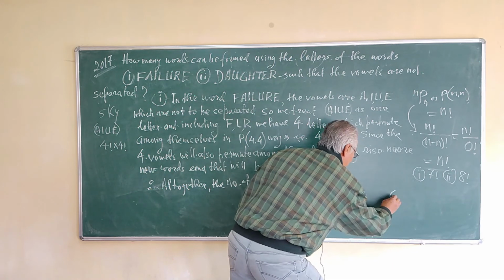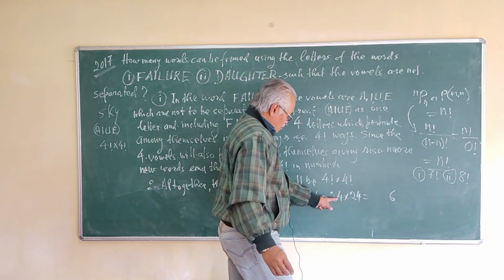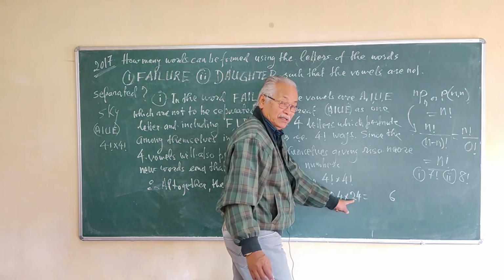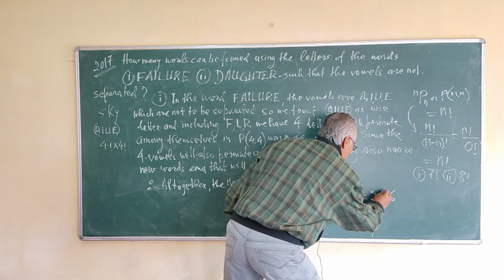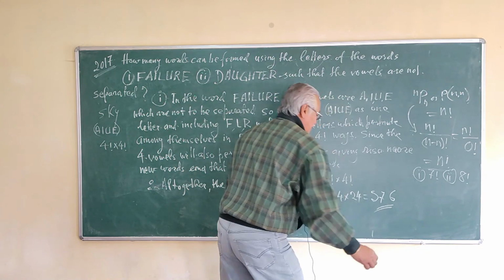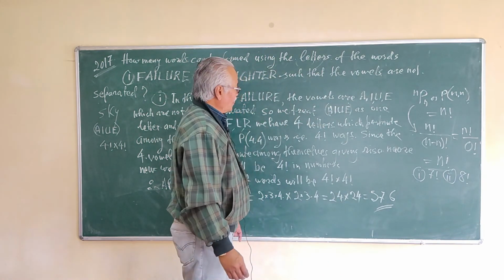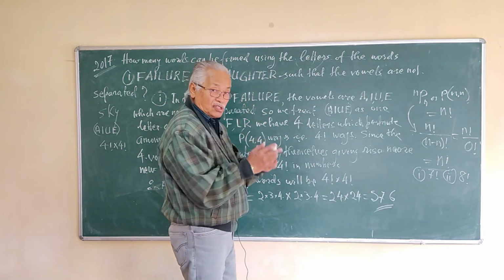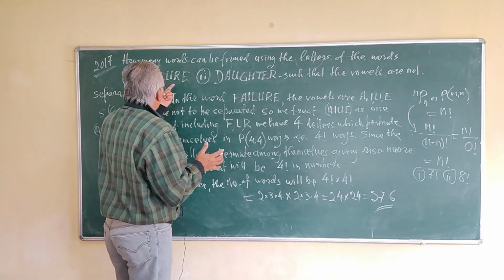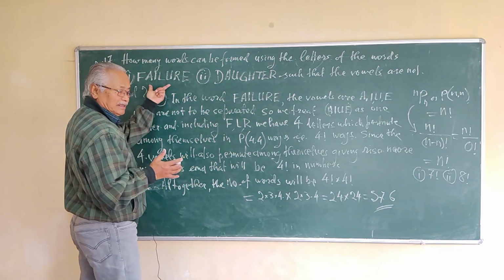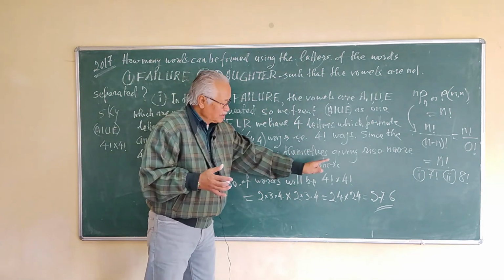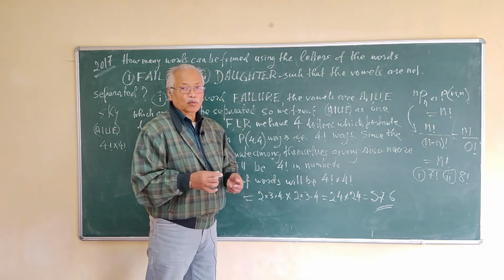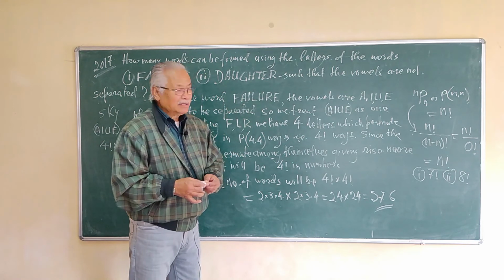Is it 96? Carry 9, 24 twos are 48, 48 and 9 is 57. That is altogether, when the vowels are not separated, out of the word FAILURE, you can make as many as 576 words, right?